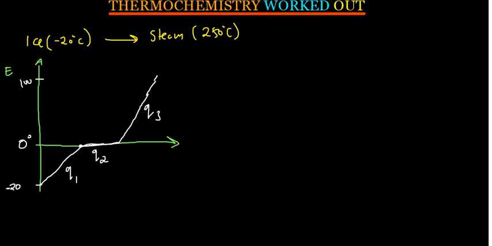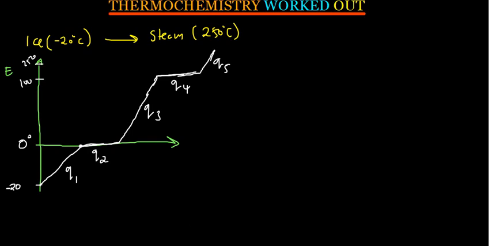When you reach 100, the change of state happens to change the water to steam, and you still need energy there, which is latent heat of vaporization. And then when you've converted all of it to steam, you can raise the temperature of the steam from 100 to 250 degrees, and energy is required, which is specific heat capacity, to do that.